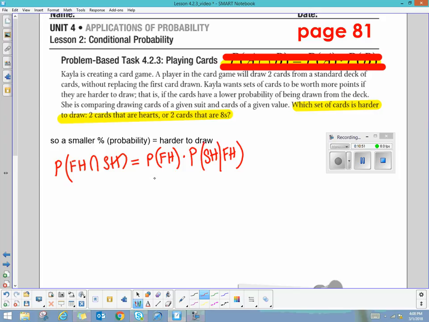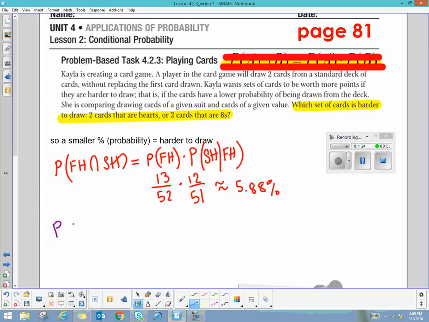All right, well, we have 13 of each suit, so we have 13 cards with hearts on it out of a standard deck of 52. But now I'm going to take one, not put it back, so it's 12 out of 51. If I calculate this, I'm getting about 5.88/100ths of a percent.